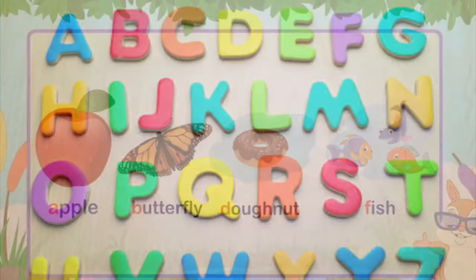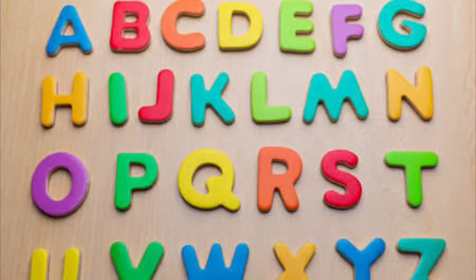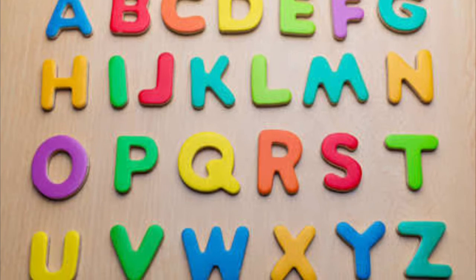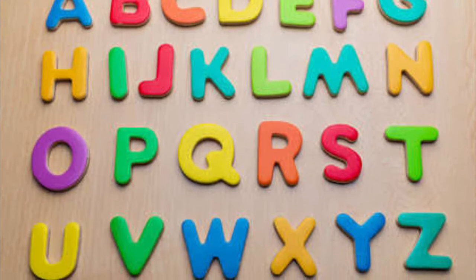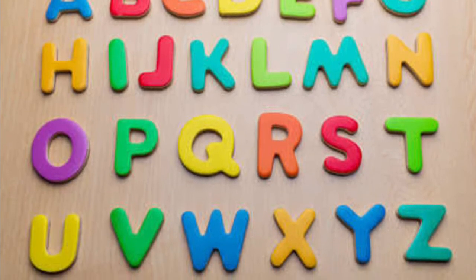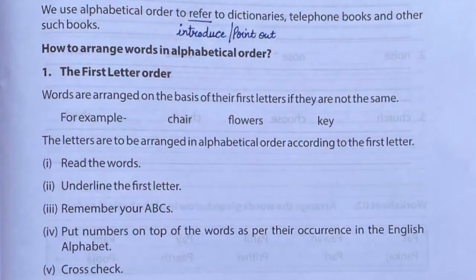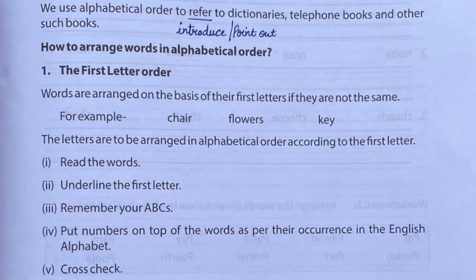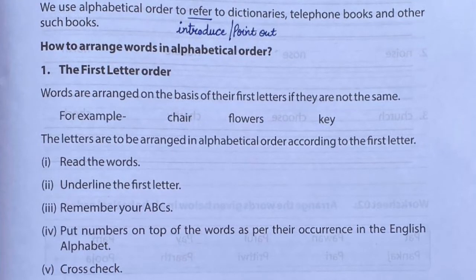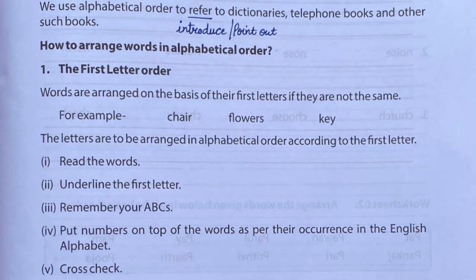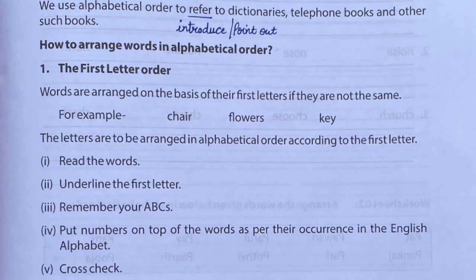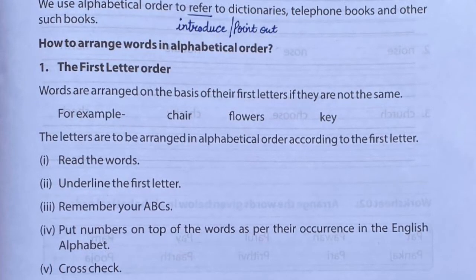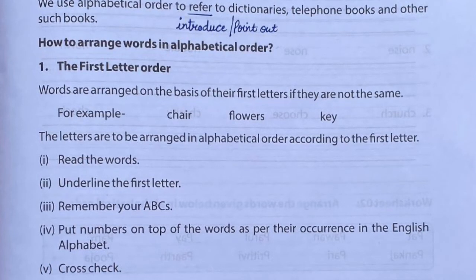Okay, next, remember your ABCs. Always remember your ABCs. If you do not want to get confused, please write them down on a rough notebook or on a page. Okay, next, put numbers on top of the words as per their occurrence in the English alphabet. To make it easier, you can put the numbers on top of the words as per they come in the English alphabet, and then cross check.